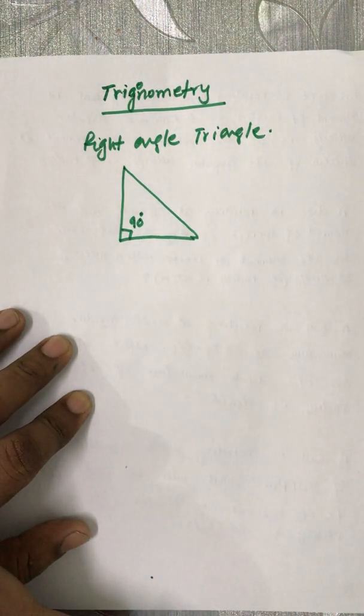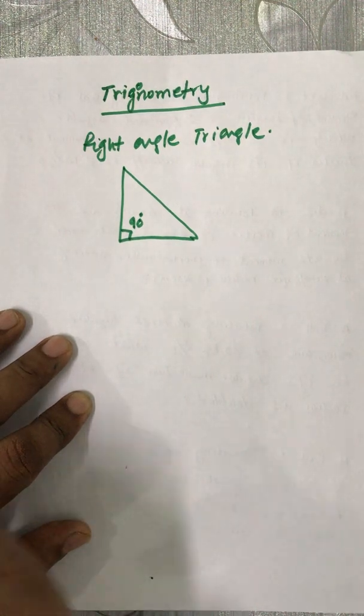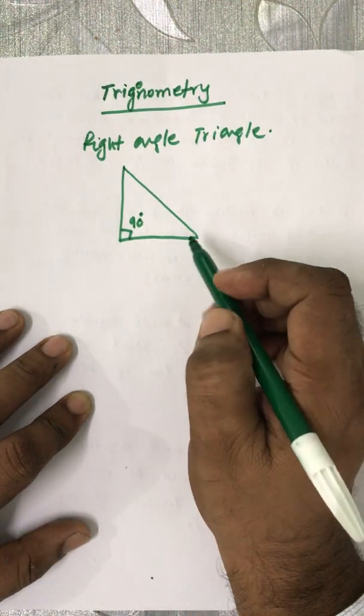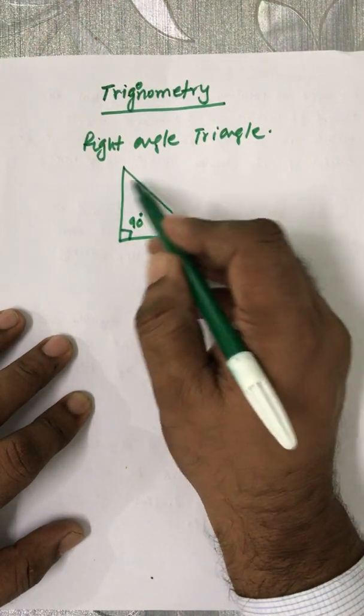The names of the sides of the right angle triangle depend upon the angle which we are considering. Basically, there are three sides.